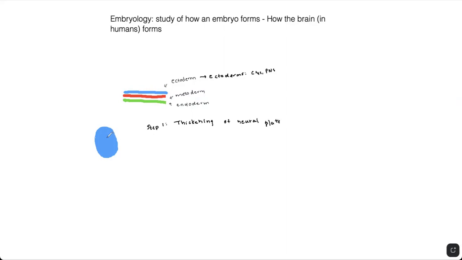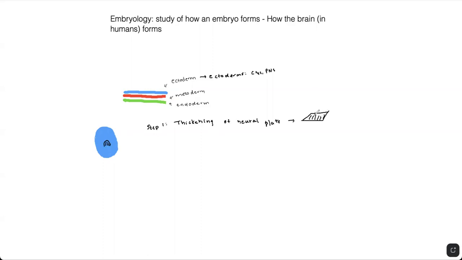Basically, what that means is that on the ectoderm, there's a small region that begins to thicken towards the center, which becomes your neural plate. Remember, plate is flat, so it's just becoming thicker and thicker, right?